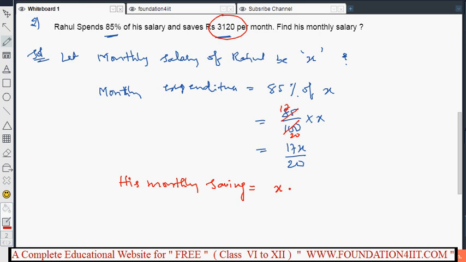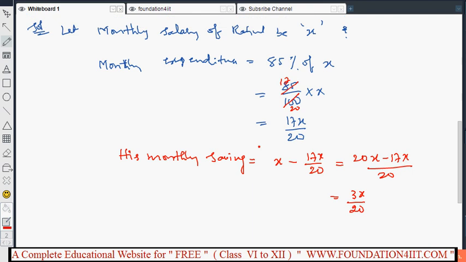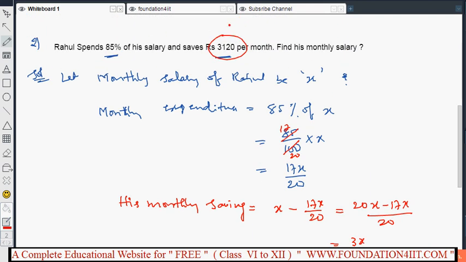So from the salary, the expenditure 17x by 20, if I subtract, there is nothing but saving. That is 20x minus 17x by 20 LCM, that is equal to 3x by 20. But we know from the problem, 3x by 20 is nothing but saving. So that is 3120.